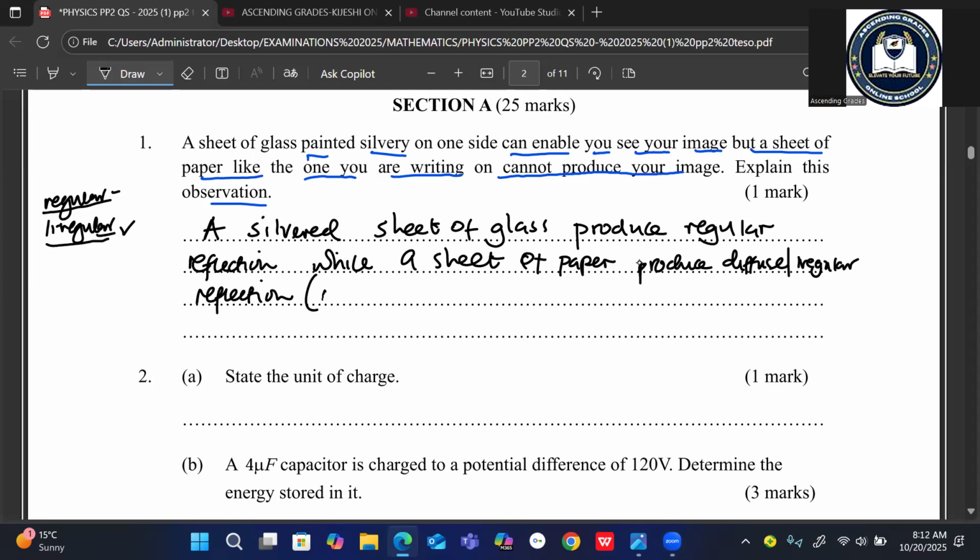We can also say it absorbs most of the light, the paper.